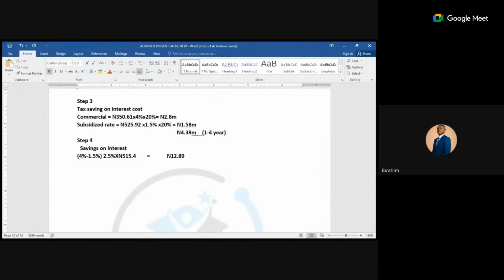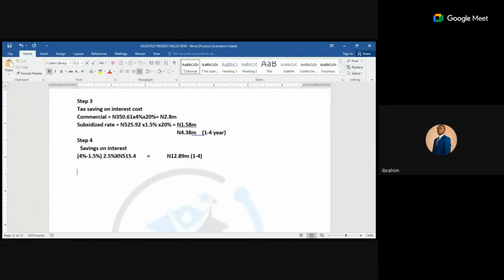Class, you can mute your mic. Now, this is not tax savings. It is savings. You will save 12.89. That is what you will save. Then you will save it from year 1 to year 4, because it is savings.